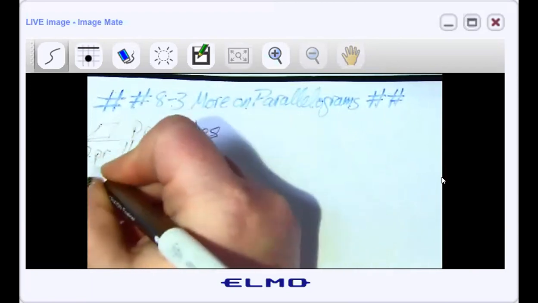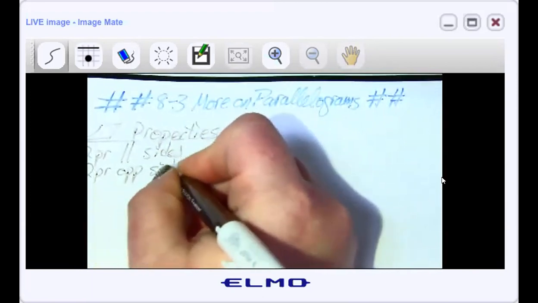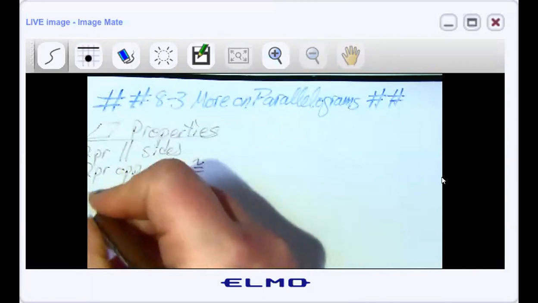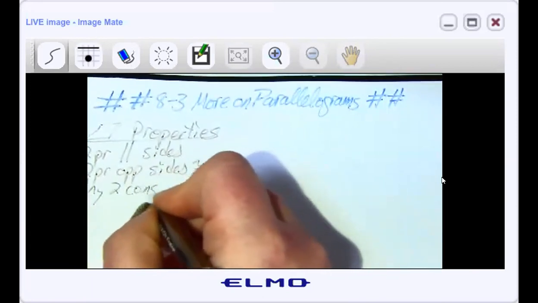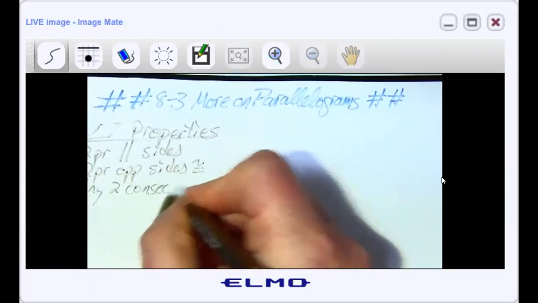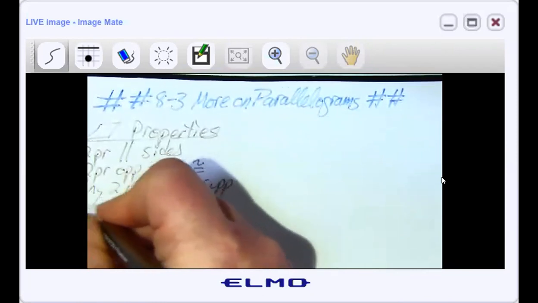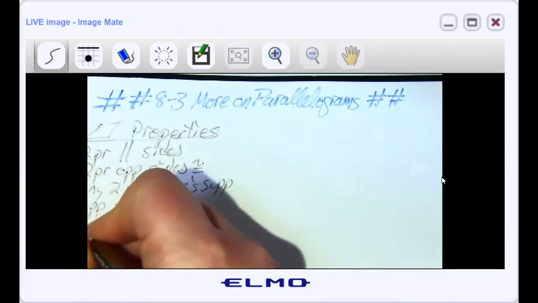You have two pairs of opposite sides congruent. You have any two consecutive angles supplementary. You have opposite angles congruent, and diagonals bisect.